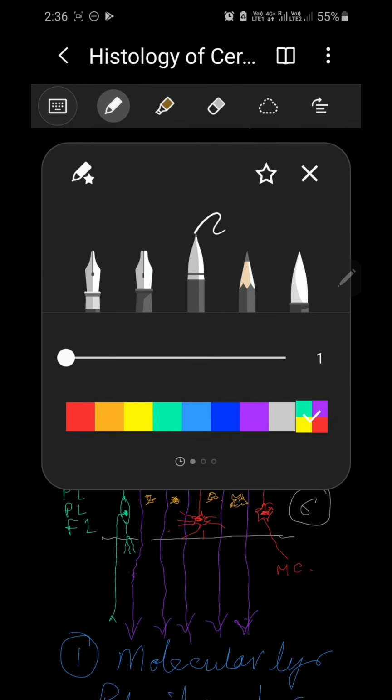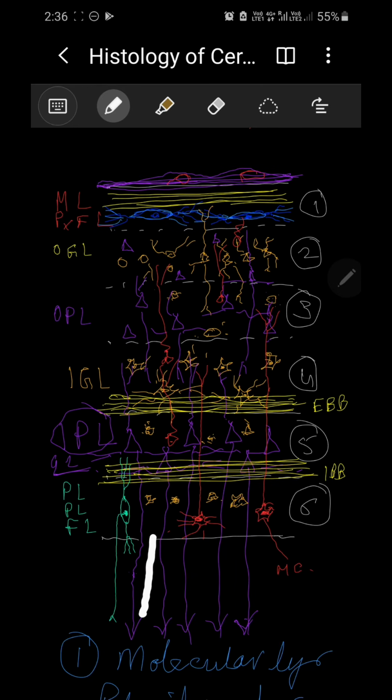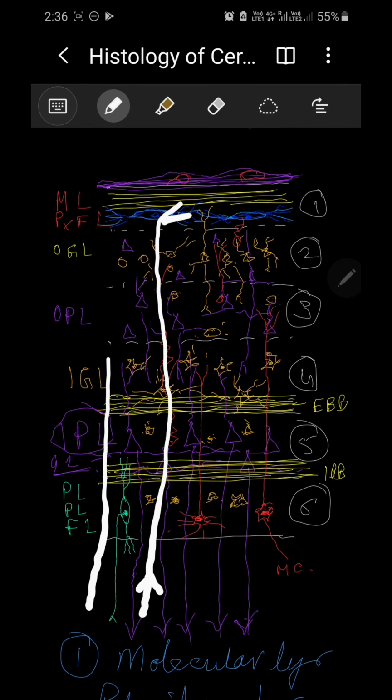And I think I should use some bigger writing. So this is how you are seeing the axons reaching above. The arrow I am drawing shows that the afferents ascend up like this to the layers above and relay there.